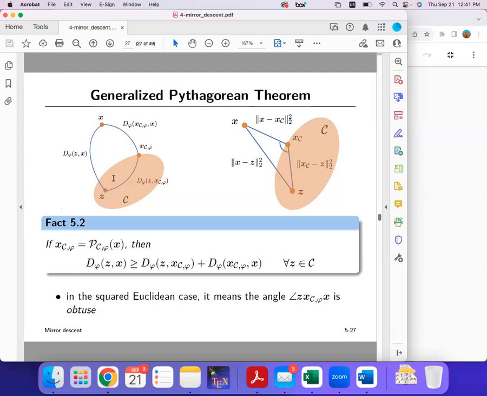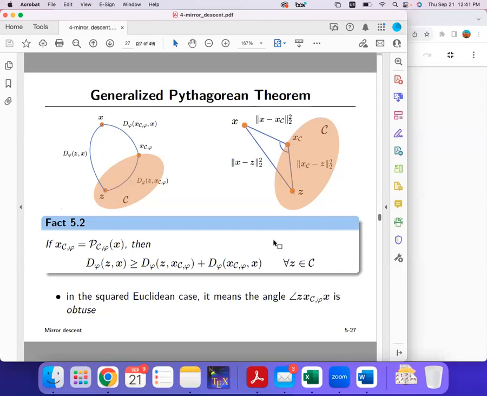What this theorem says is that if you project X onto set C based on a Bregman divergence, this X_C^phi denotes the projection point.